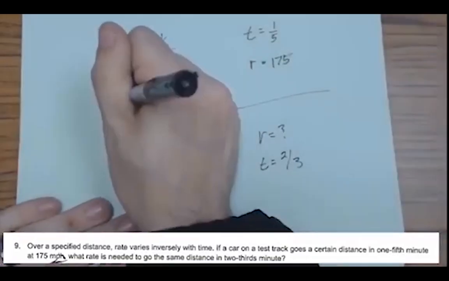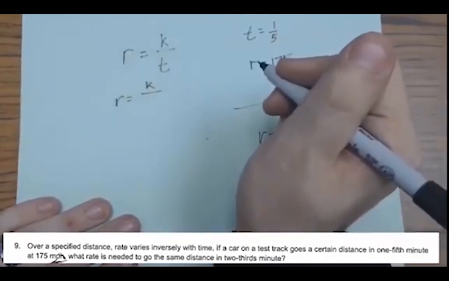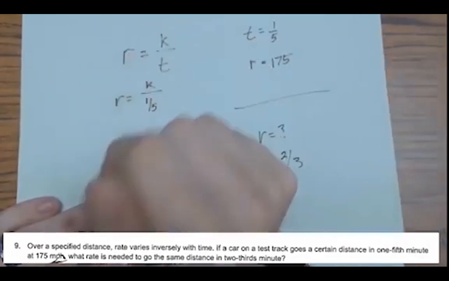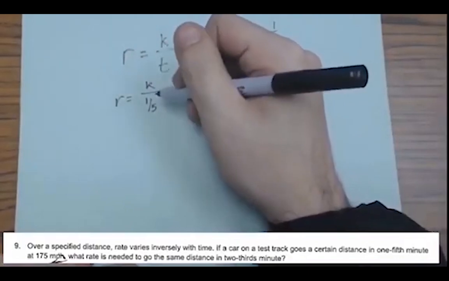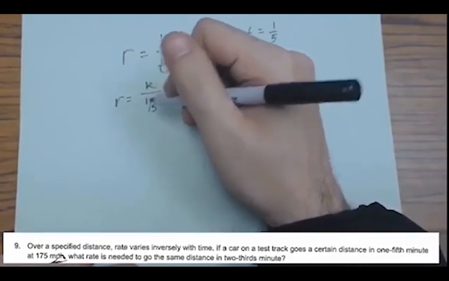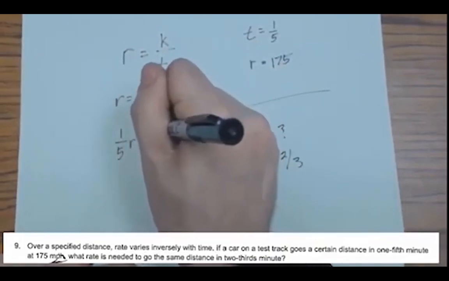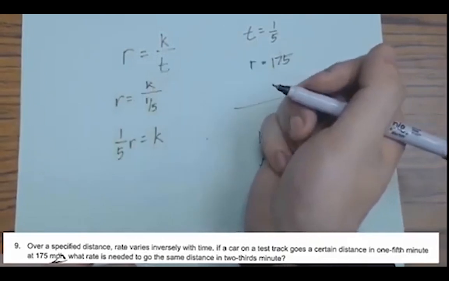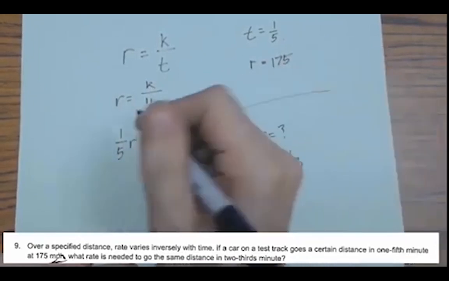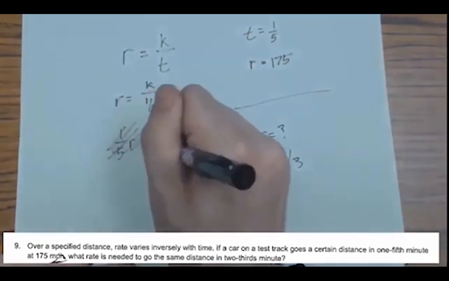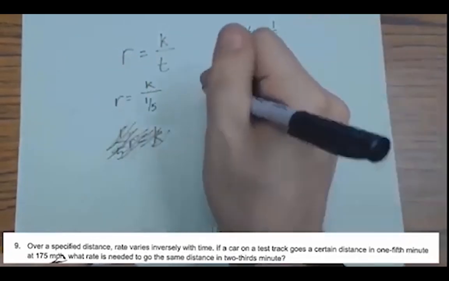So plug in what we know. R equals K over 1/5. Oh boy. To undo dividing by 1/5, we would multiply both sides by 1/5. So 1/5 R equals K. And actually, even though I can solve it that way, we saw that working with literal equations, I forgot to plug in R. R is 175.